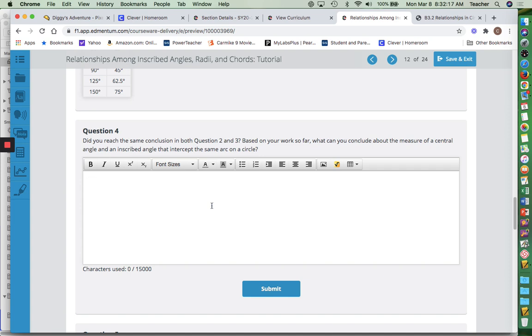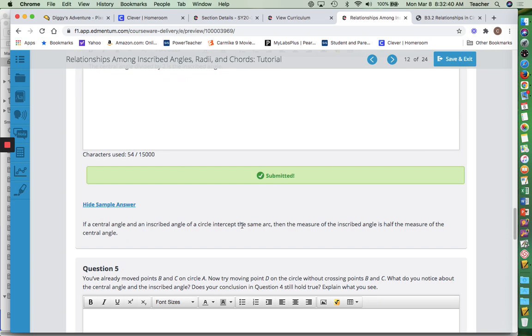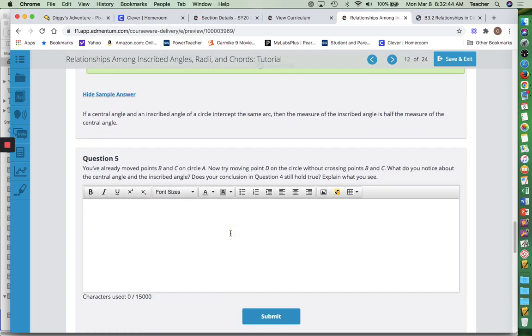So, the central angle divided by 2 is the inscribed angle. Okay, good. Same thing as when they say half.